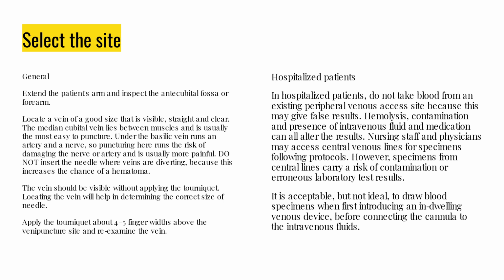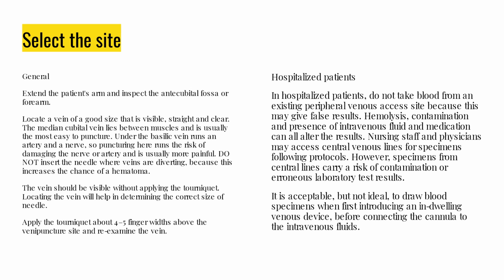You're going to select the site. We're going to go into great detail on how to select the site. One of the things is, you want to make sure your vein is visible. It may include having them dangle their arm down. You apply a tourniquet. You want to have it 4 to 5 finger widths above the venipuncture site where you're going to be sticking.